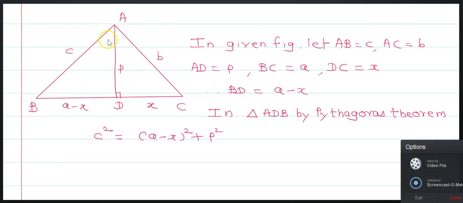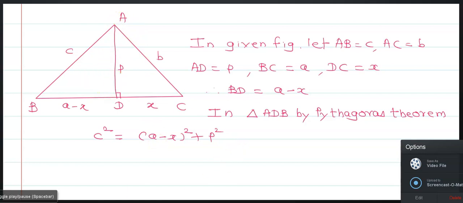Now see this here. In triangle ADB, AB square is equal to AD square plus BD square. The value of AB is c, therefore it is c square. The value of BD is (a minus x) whole square, and the value of AD is p square.